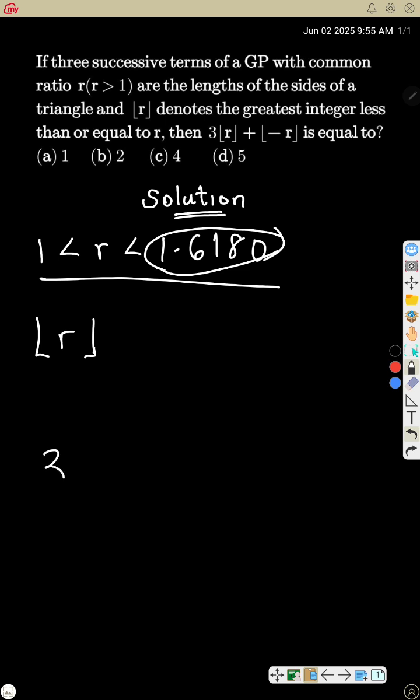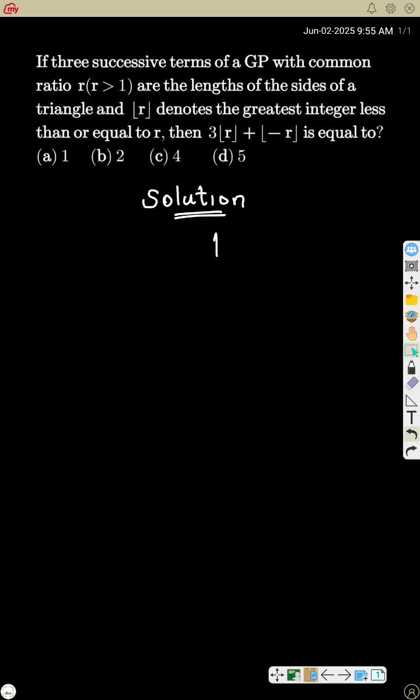Remember, what we want to find is 3 floor R plus floor of minus R. But now we know our R, so let me conclude on the R.